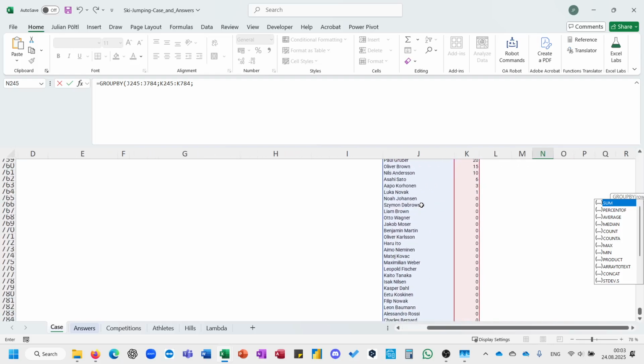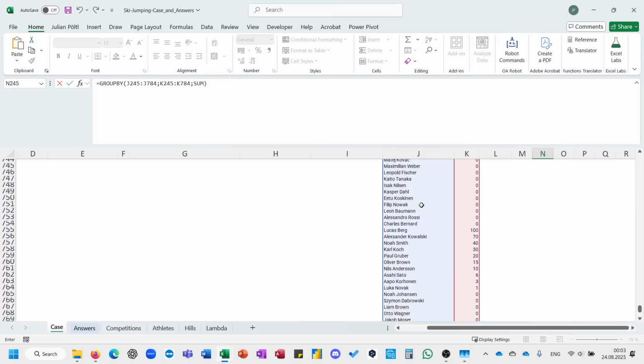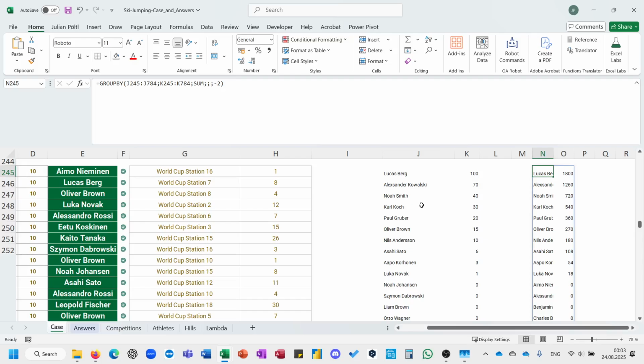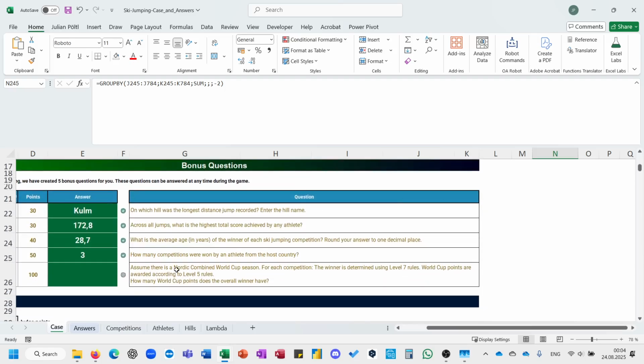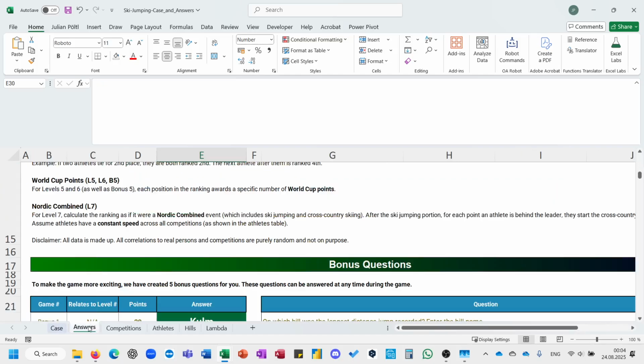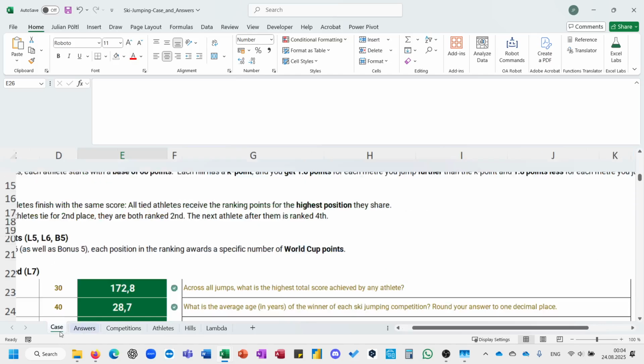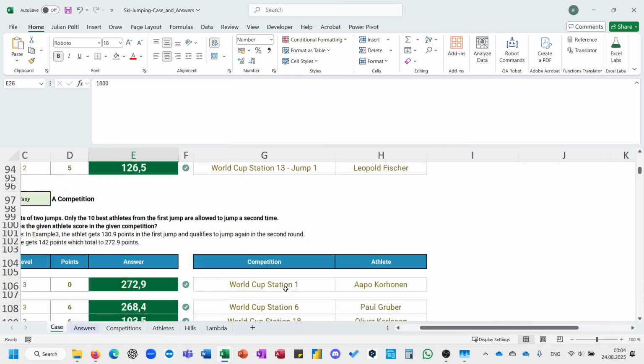A lot of zeros in here, but might be fine. Minus sort minus 2. Lucas Berg, 1800. Just wrong. Bad. Are we close? Ah, not that far away.